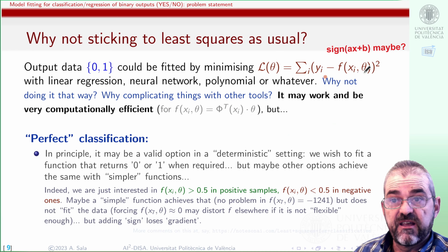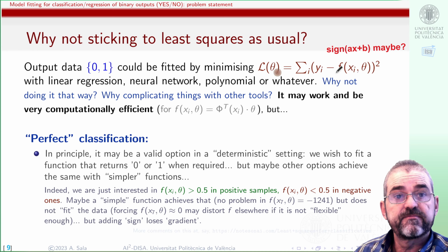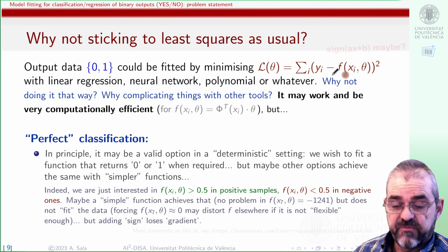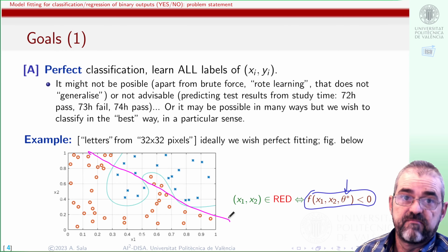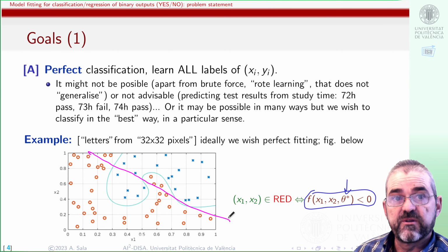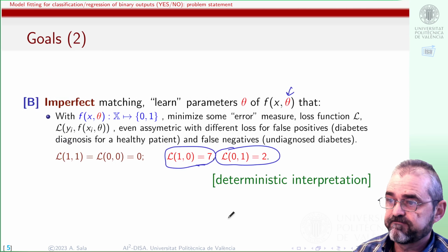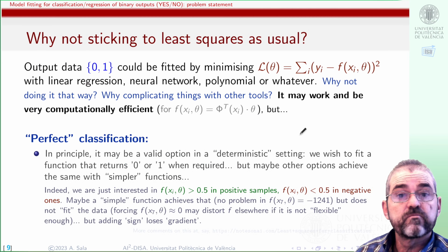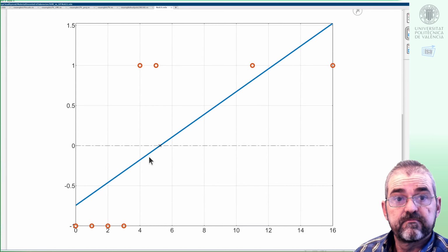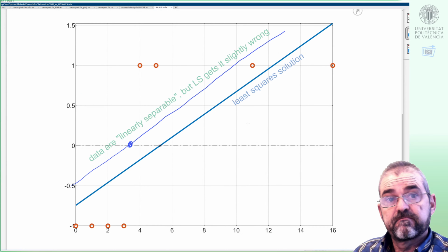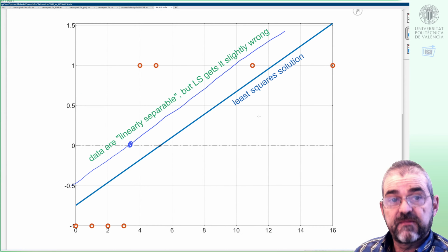So in principle, if I have a flexible enough function, I may try least squares. If my function is very simple, such as a line, then it will be difficult to achieve perfect classification. However, maybe a simple function with a different cost index can do, in the sense that the sign of this line actually separates my training points with perfect accuracy.